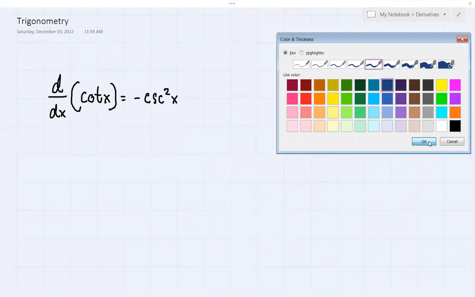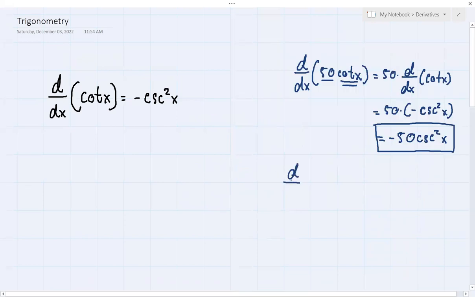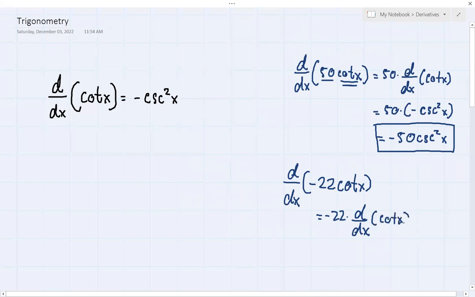So, in here, medyo similar lang ng given problem. So, let's just say meron tayong negative 22 times cotangent of x. Okay? So, in here, magiging negative 22 times the derivative of cotangent x.